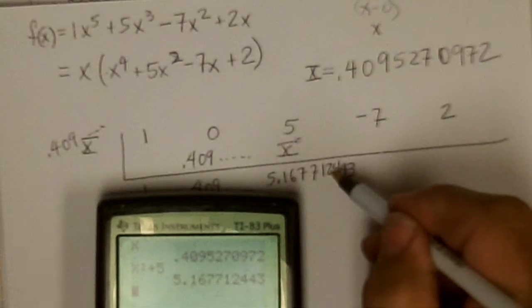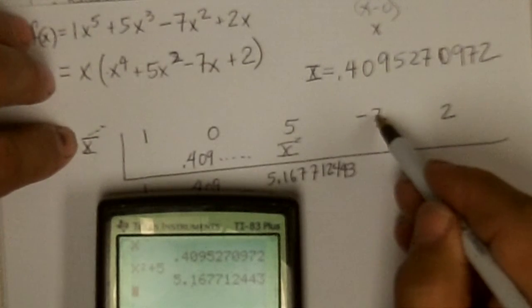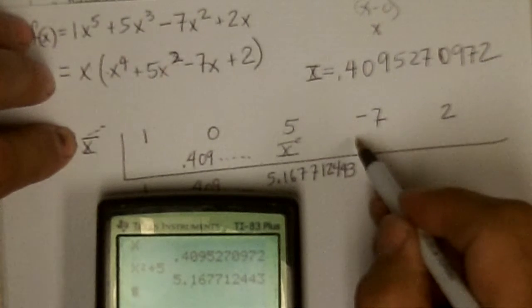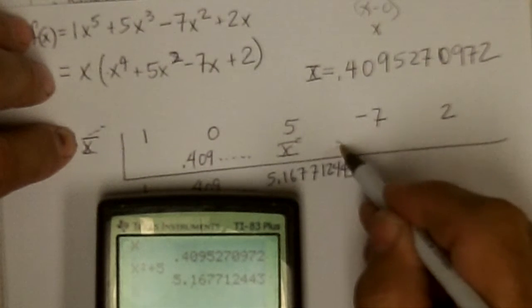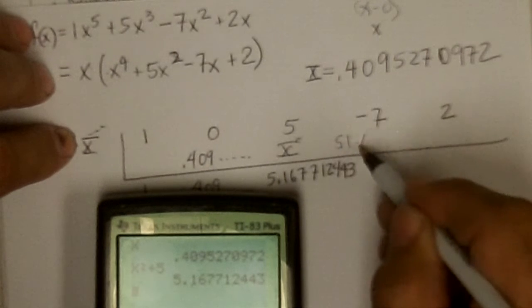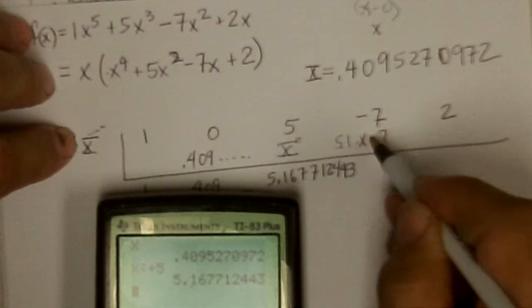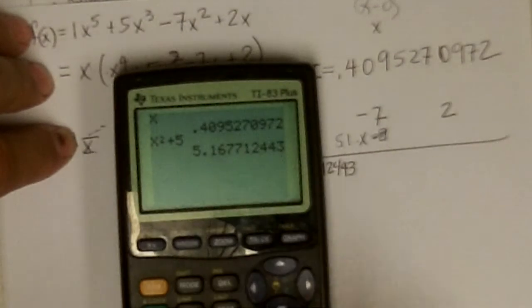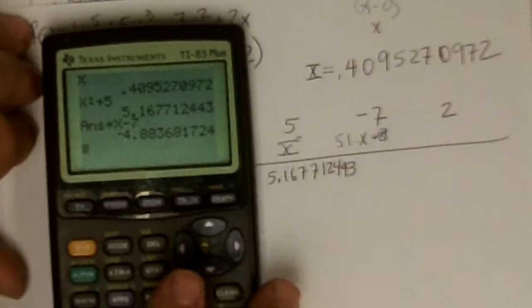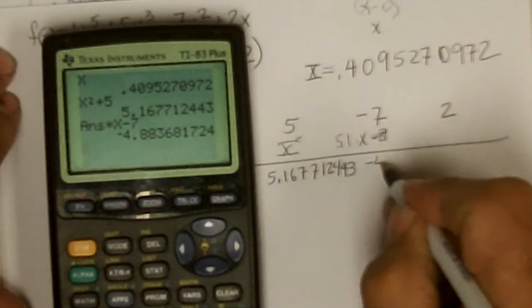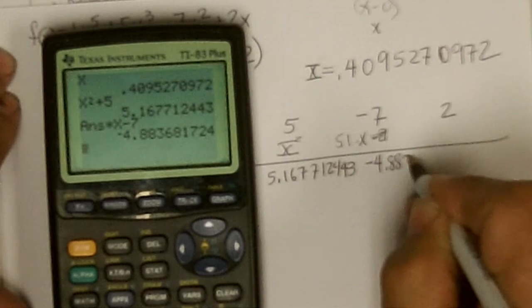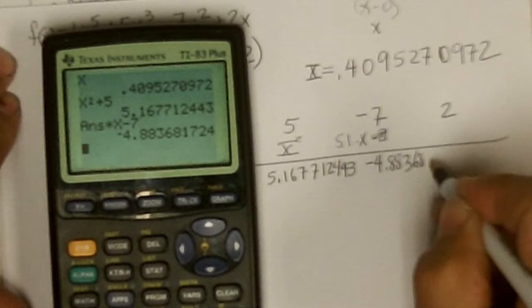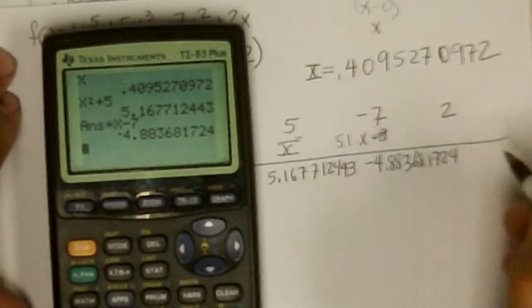Now I have to take this answer times the x and then subtract 7. So I'm going to have this answer, 5.1 and so on, times x minus 7, and then add the negative 7, and I'm going to get the number down here. So that's what I'm going to type in. That answer times x, subtract 7, and I get this next number to be negative 4.883681724.